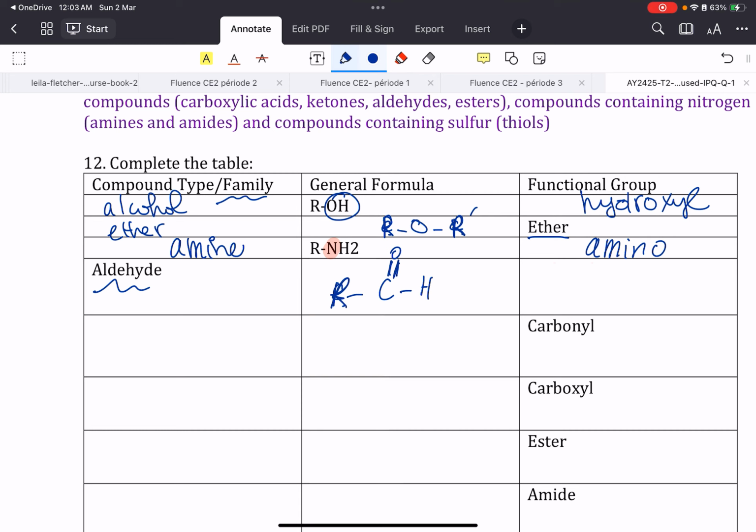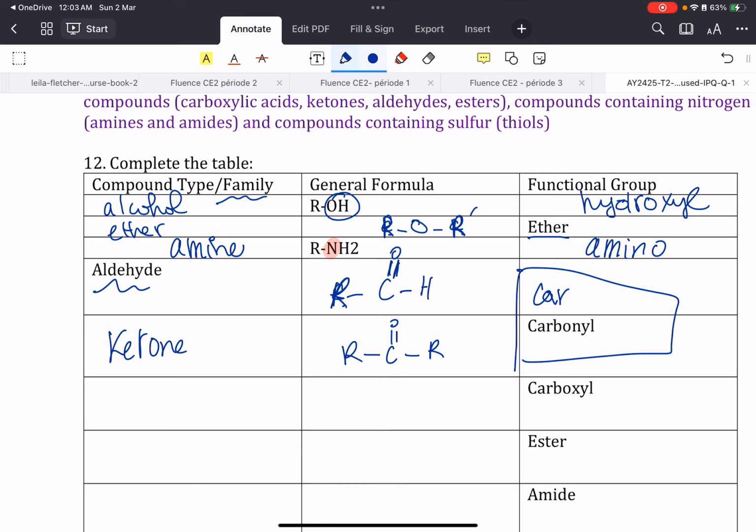So from here I have other carbons. If this C double bond O is surrounded by carbons from both sides, we are talking about a ketone. It belongs to the family of ketones. But both of them have a carbonyl. This is a carbonyl functional group. The C double bond O is a carbonyl.